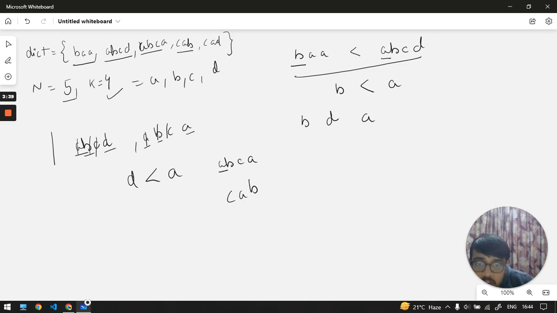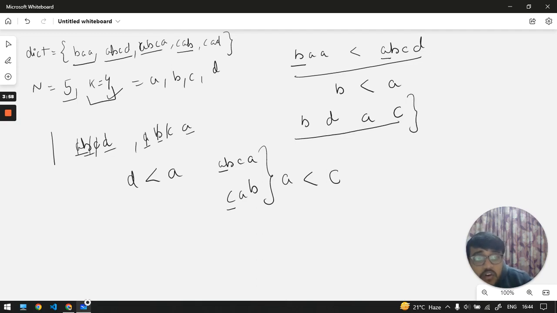Now these first letters, A, this concludes that A is coming before C. We can just check. Okay, so these are the four letters according to k equals 4. So we get the order of the alien dictionary, which is BDAC, by applying the brute force.